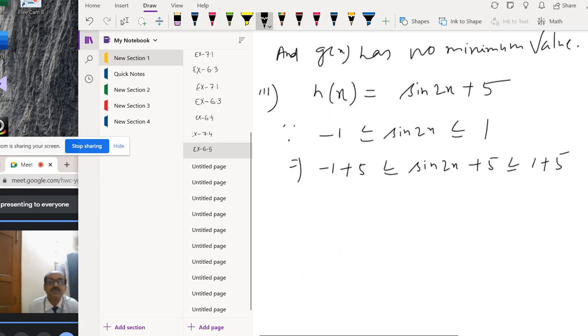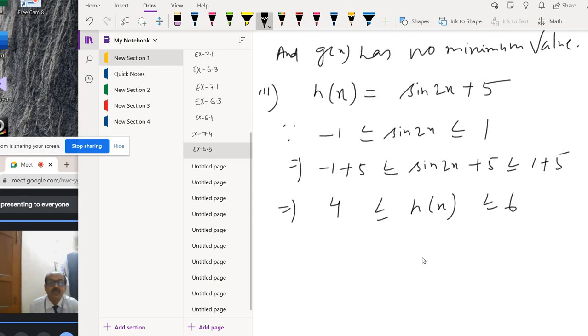Okay. Now -1 plus 5, that is 4. 4 less than or equal to sine 2x plus 5, which is h(x), less than or equal to 6. Okay. Now h(x) is between 4 and 6.